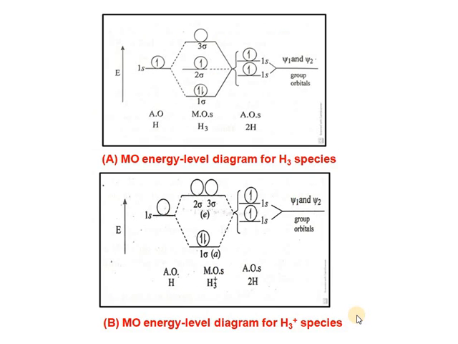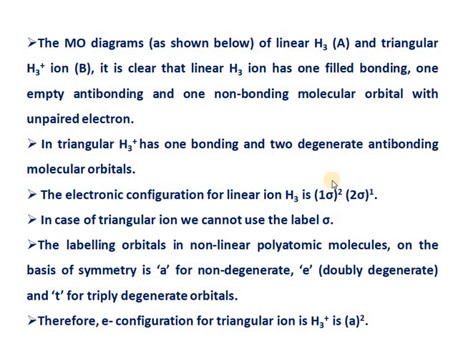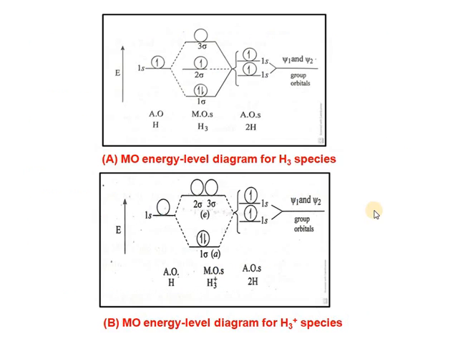So in these diagrams, this is the energy level diagram for the linear H3 molecule and this is the energy level diagram for the H3 plus ion. Now we compare these two diagrams. We observe the sigma and 2 sigma orbitals, with the electronic configuration 1 sigma 2 and 2 sigma 1.